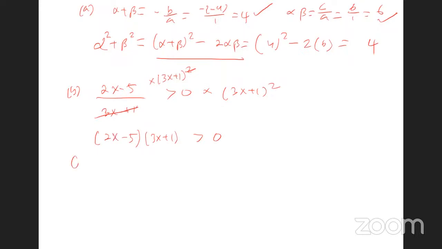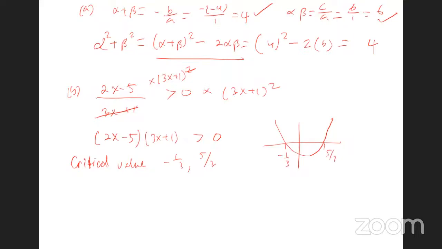From right there, you should be able to see that your critical values are negative 1/3 and 5/2. You cannot do this solution without a little sketch. Here is negative 1/3, here is 5/2.